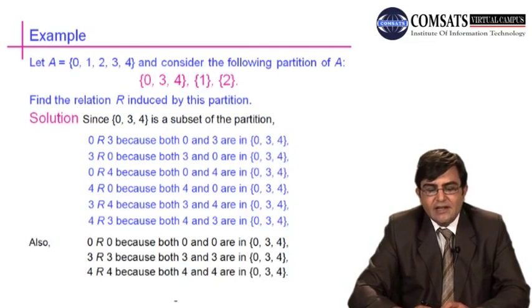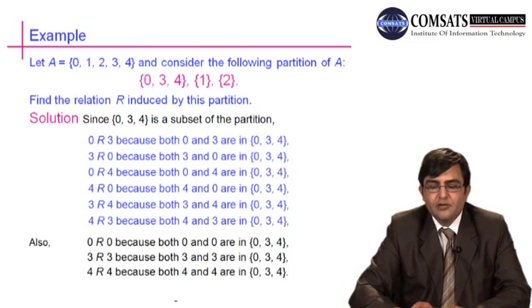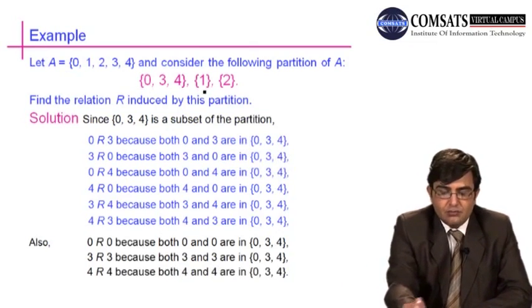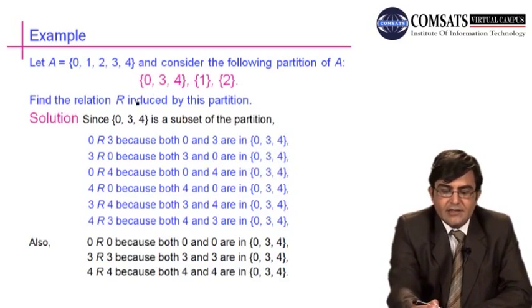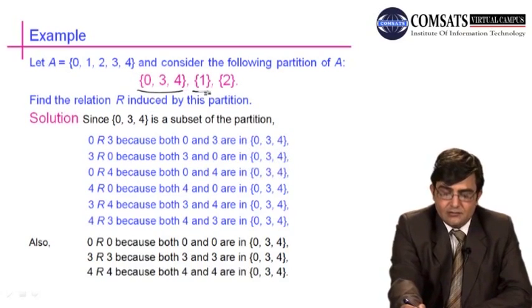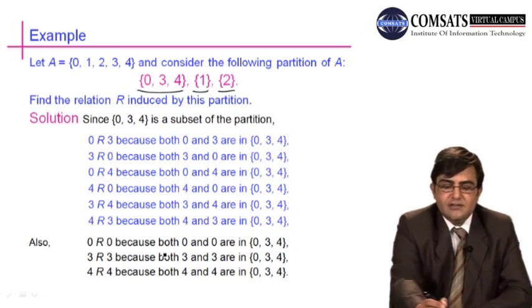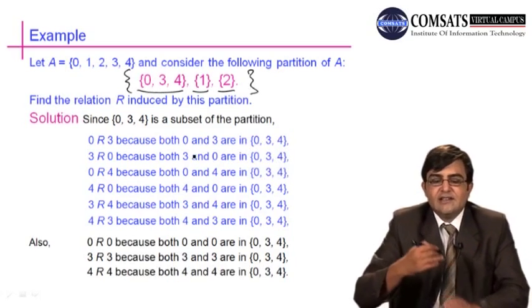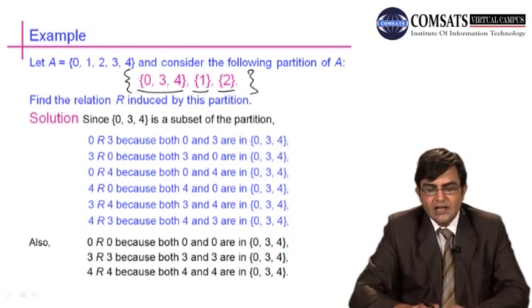For example, let A be 0, 1, 2, 3, 4, and we consider the partition {0, 3, 4}, {1}, {2}. So these are three sets basically, 0, 3, 4, another set 1, another set 2. This is basically the partition of the set A, because it satisfies both properties of the partition.